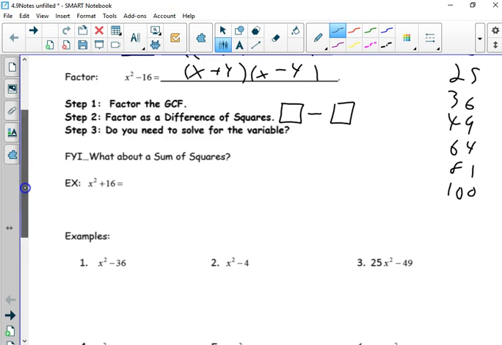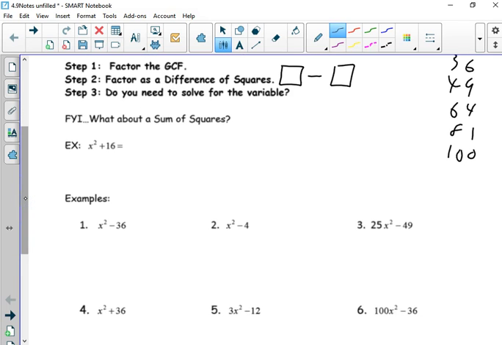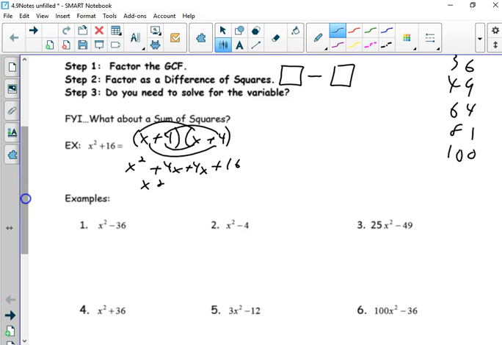Now, let's check this out. X squared plus 16. A lot of people say, oh, that must be x plus 4 times x plus 4. Well, let's do that. X squared, 4x, plus 16. That's x squared plus 8x plus 16. Shoot.